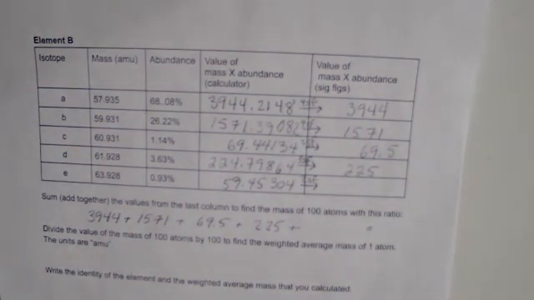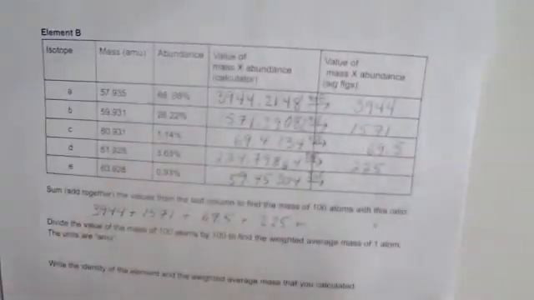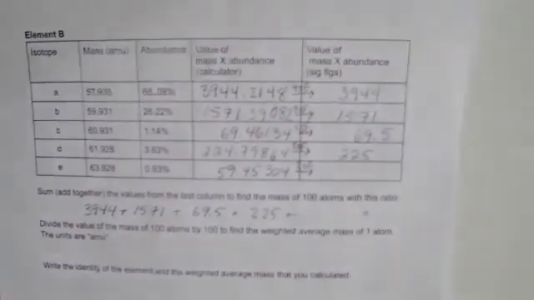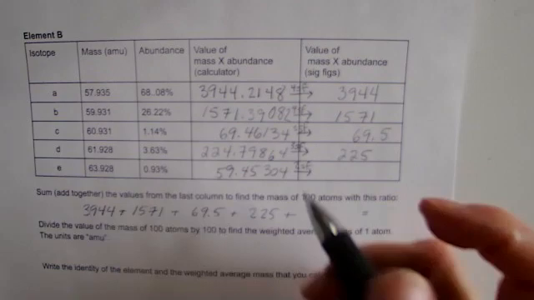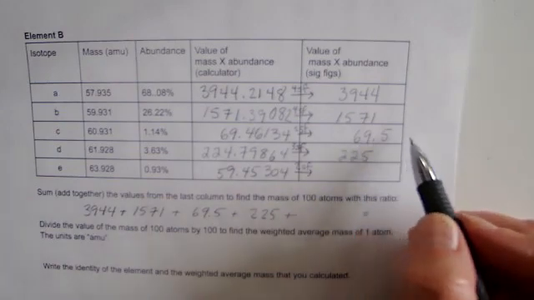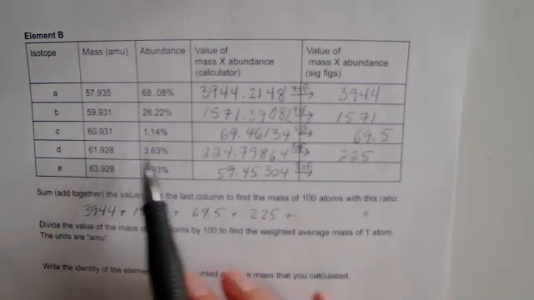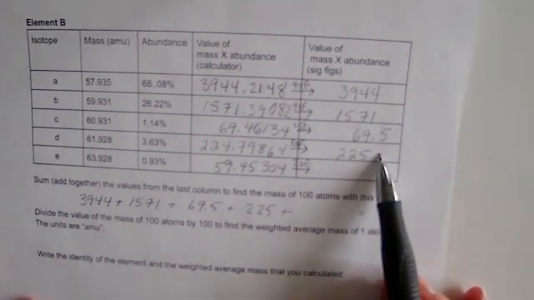Let me double check this number. 60.931 times 1.14, and we get 69.46134, which rounds then for 3 sig figs. This value rounds the 4 up to a 5, so 69.5. Then we get our value here that we need to round to 3 sig figs. So the 7 rounds the 4 up, 225.